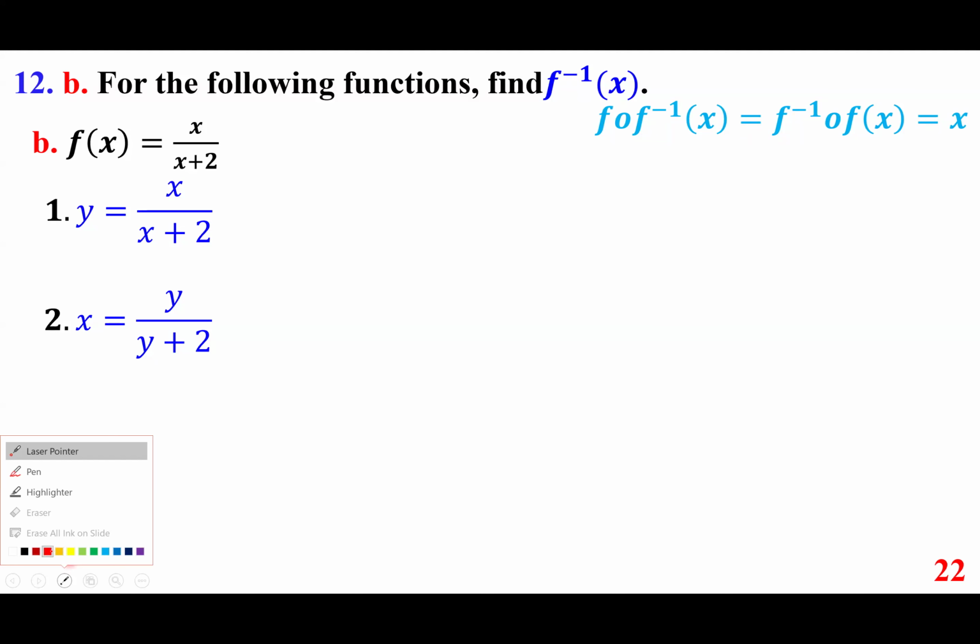So right here we have the inverse. But to solve for y, we are going to do the cross product and solve for y. So this gives us x times y plus 2, which is xy plus 2x, and this gives us y.